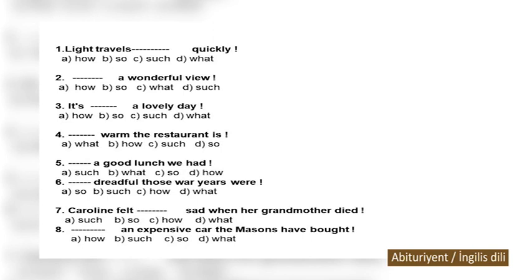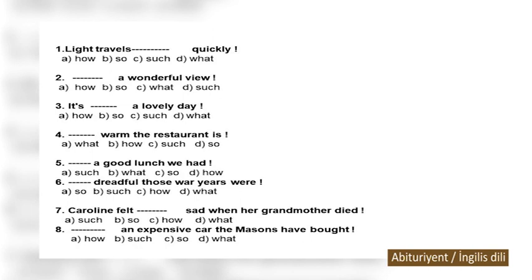Number 6, dreadful those warriors were. Not so, not such, we have to choose either how or what, yeah, and which one to take. How dreadful those warriors were. Number 7, Caroline felt sad when her grandmother died.